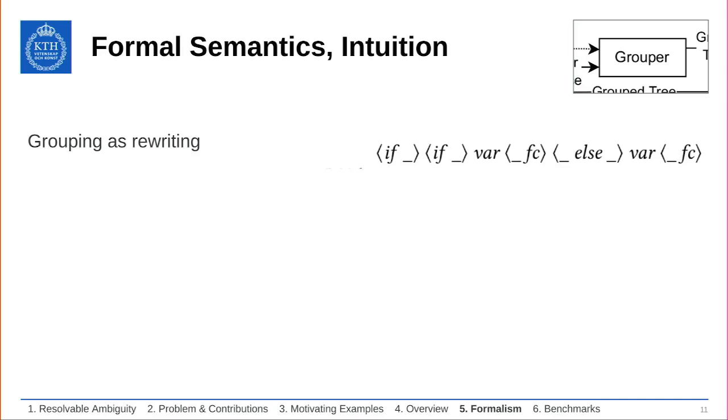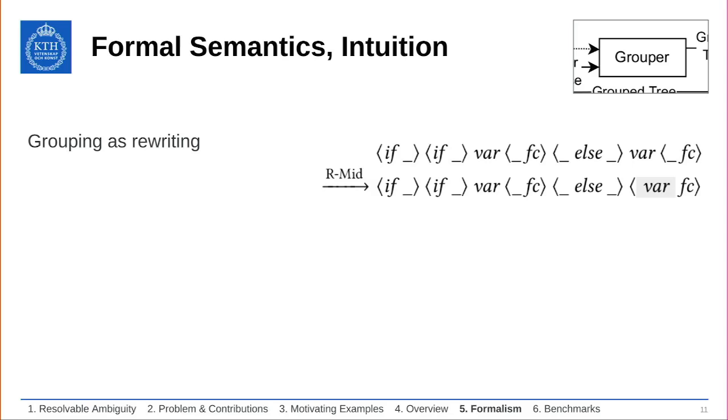Then we focus in on some part of the sequence that's kind of done. It has already been grouped as much as it's going to be, in this particular case, the rightmost variable. Then we check, can this thing be grouped to the left or to the right? In this case, function call has higher precedence than else, so we group it to the right.